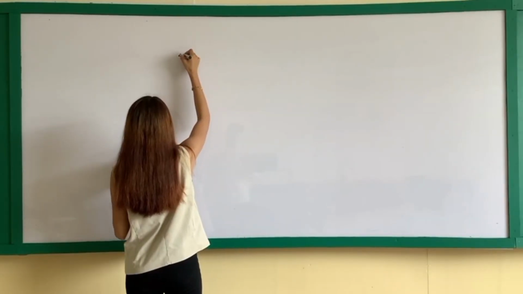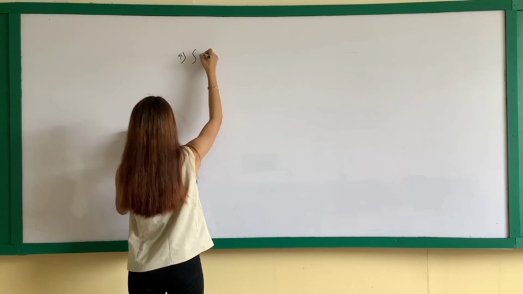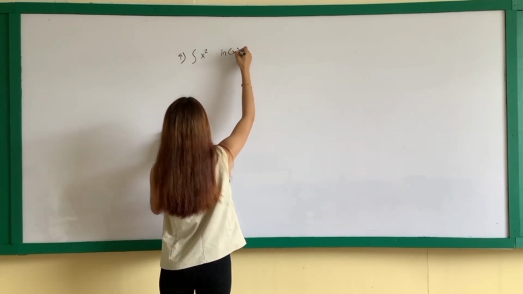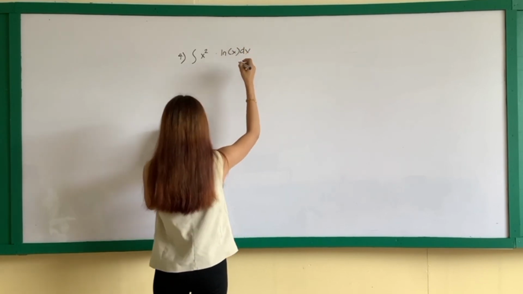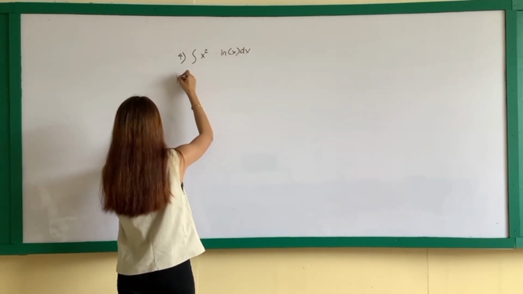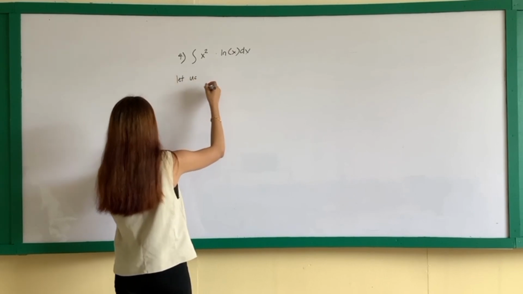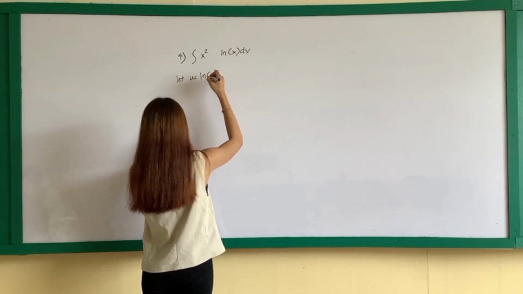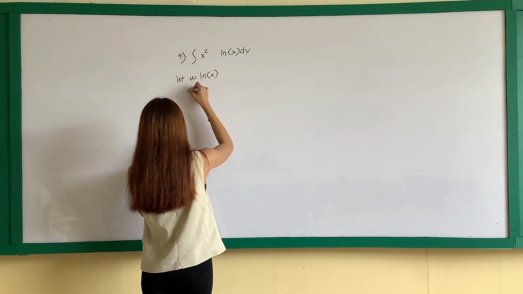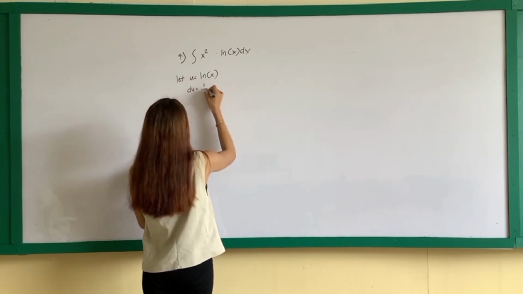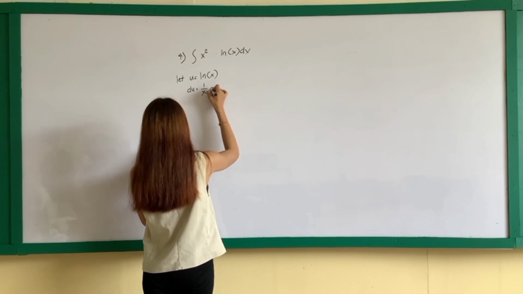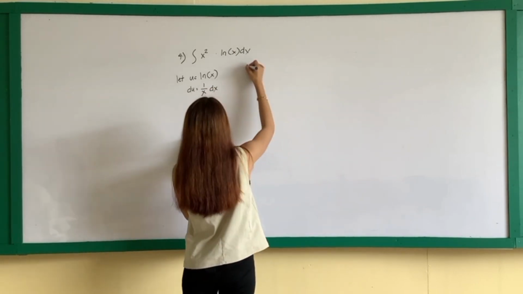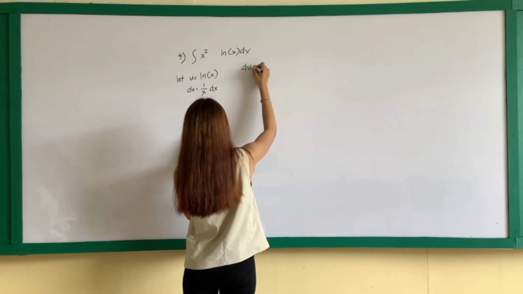Number 4 is the integral of x squared ln x dx. So let u equal ln x. And our du is 1 over x dx. And our dv is x squared dx.